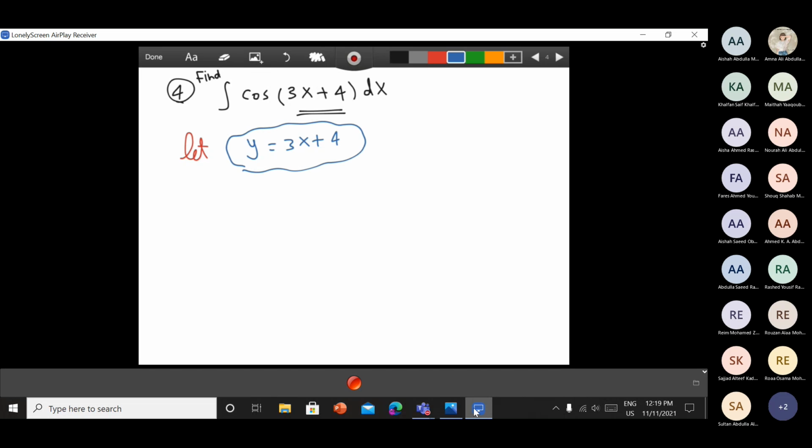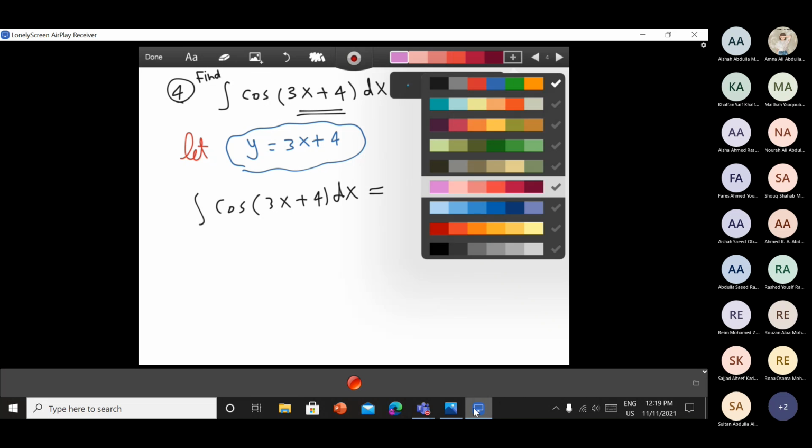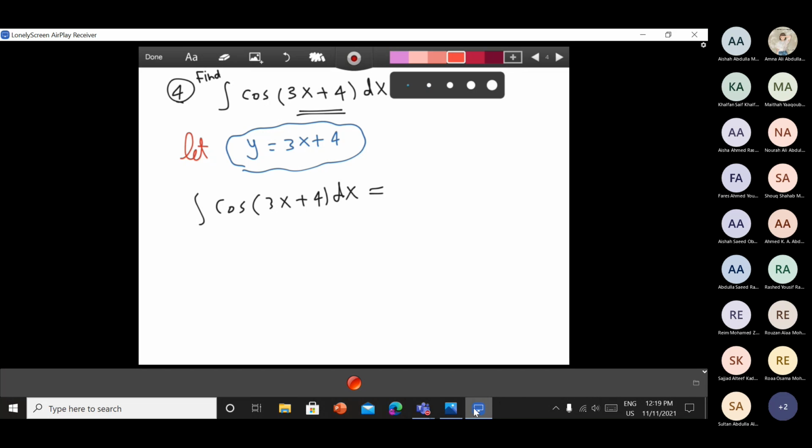Up to this substitution, my integration for the cosine of 3x plus 4 dx will become what? Will become the integration of cosine y. What about dx? To have dx, I have to differentiate this one. So I have dy by dx equal to the derivative of 3x, which is 3. The derivative of 4 is 0. Okay, so no need to write it down.